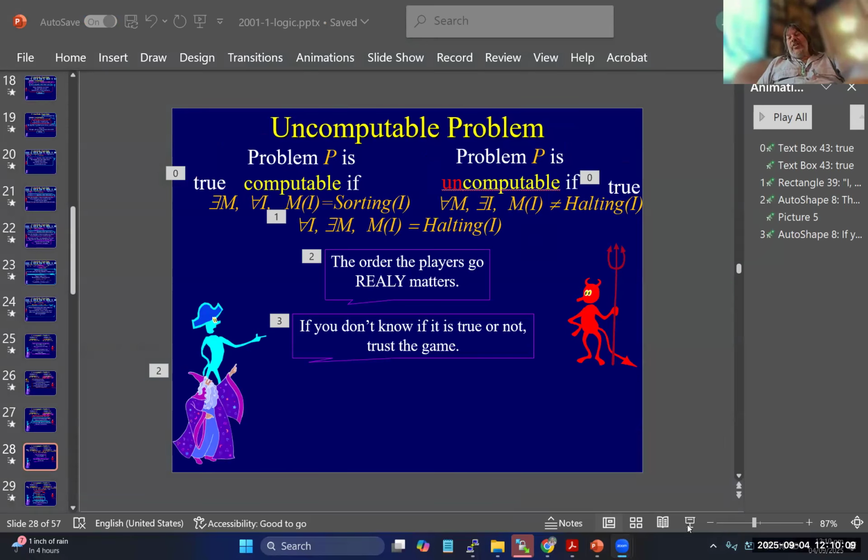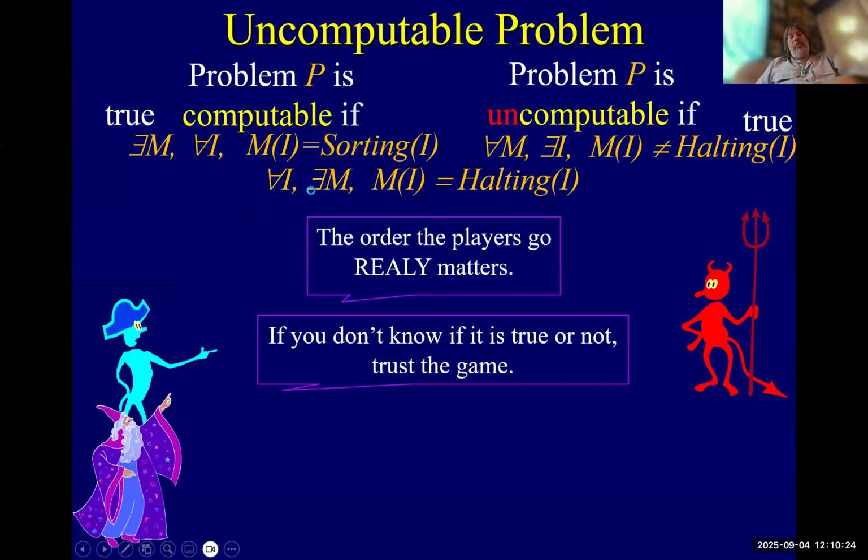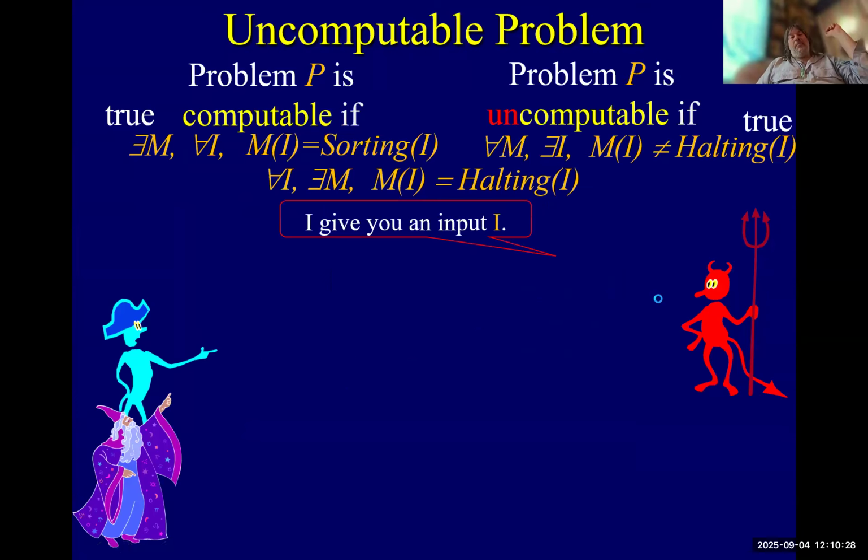I know you're going to be struggling with it, so I won't make you answer. But if you don't know, then you just play the game and see what happens. All right? See the order of quantifiers. Here I've switched the order of quantifiers and it really matters. So let's play the game.